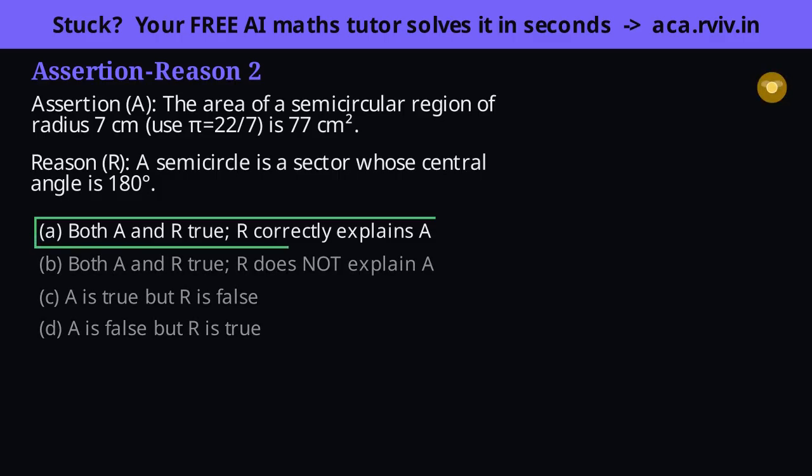The assertion checks out, the reason is true, and it's the very idea that produces the answer. So A again, both true, reason explains assertion. The lesson, a semicircle isn't a separate formula to learn, it's just the sector rule at 180 degrees.